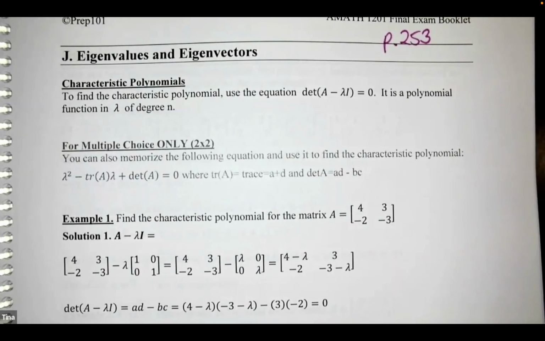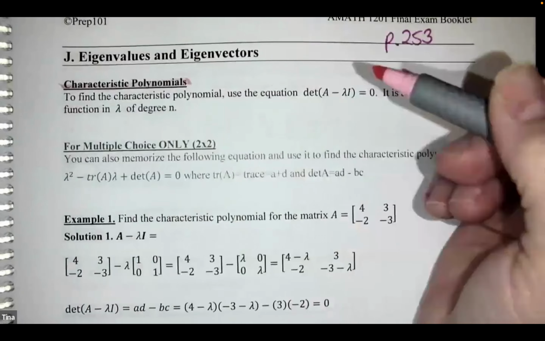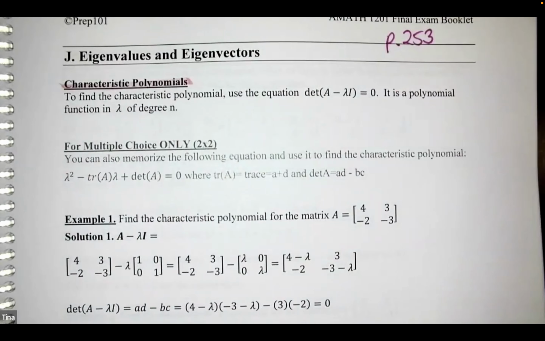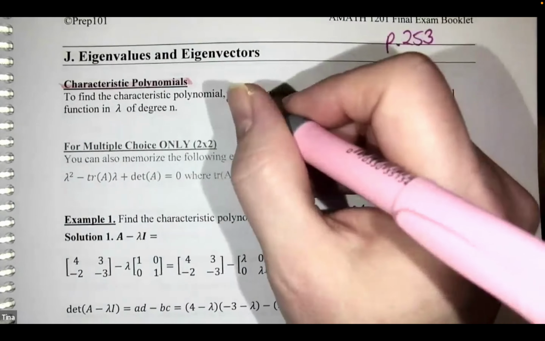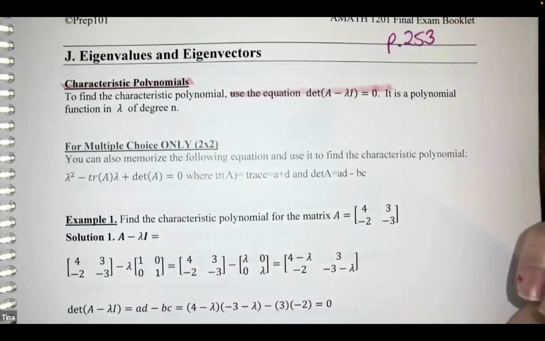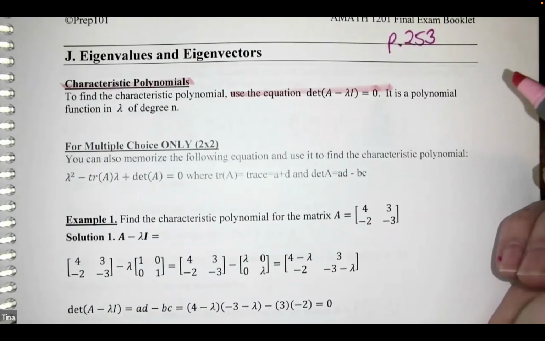Okay, so you might be asked what's called the characteristic polynomial, or finding the eigenvalues, or finding the eigenvectors in this section. So the characteristic polynomial, again, you guys are only doing 2 by 2s. So it's going to be using the equation determinant of A minus lambda I equals 0.